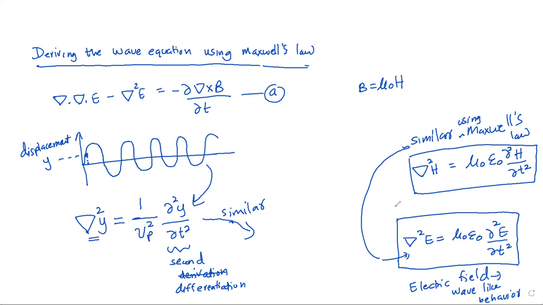And because of that, we can also get another important parameter regarding electromagnetic waves, which is the constant value here, which is 1 over the speed of the wave. Now Vp is the wave speed.